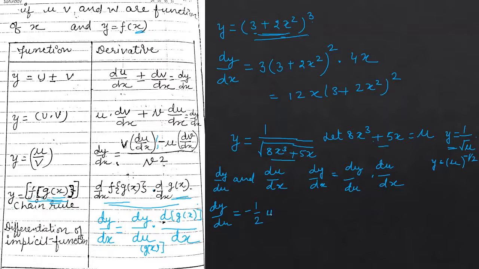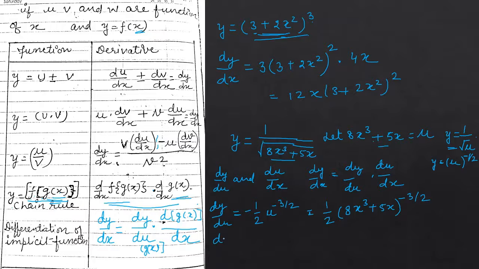So this is equal to u raised to minus 3 upon 2, since minus 1 by 2 minus 1 is equal to minus 3 by 2. Okay, and this is equal to 1 upon 2 times the value of u, that is 8x cube plus 5x, raised to minus 3 by 2.